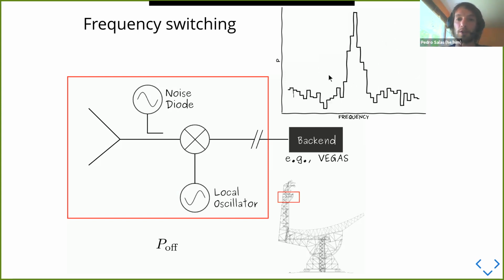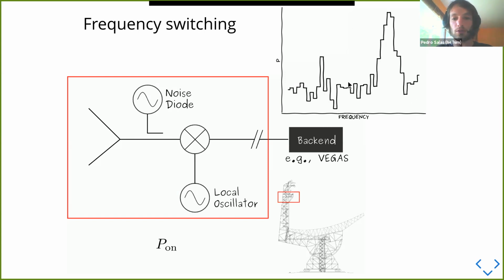And then you can take the difference between these two things, and that will remove most of the system temperature after the local oscillator, and give you a more or less flat frequency response, except in the regions where you had the line on and the line off. You will end up with something where you have your line. If the line is in emission, it will be in emission in the end result, and in absorption where you took the subtraction.